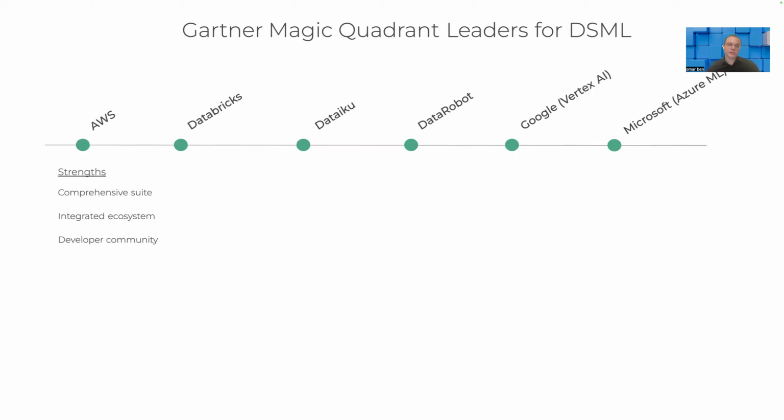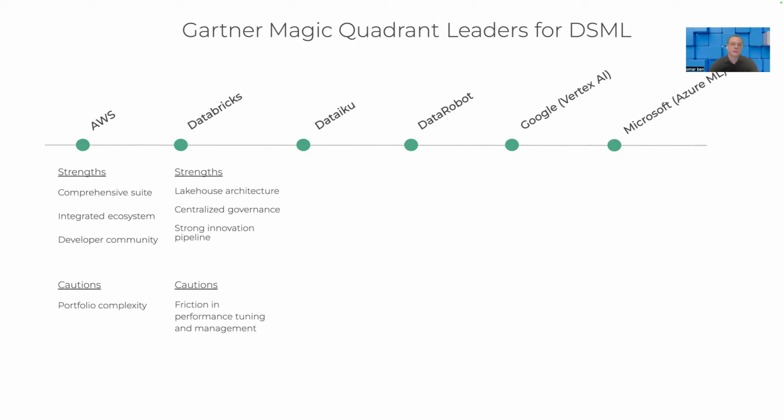So AWS has a comprehensive suite. It's an integrated ecosystem, the AWS ecosystem, and has a strong developer community. The challenge here is the portfolio is a little bit complex. Databricks has the very famous Lakehouse architecture, centralized governance, a strong innovation pipeline, and strong acquisitions in this space.